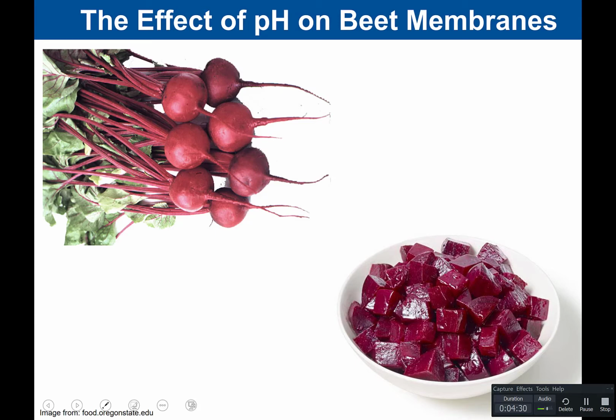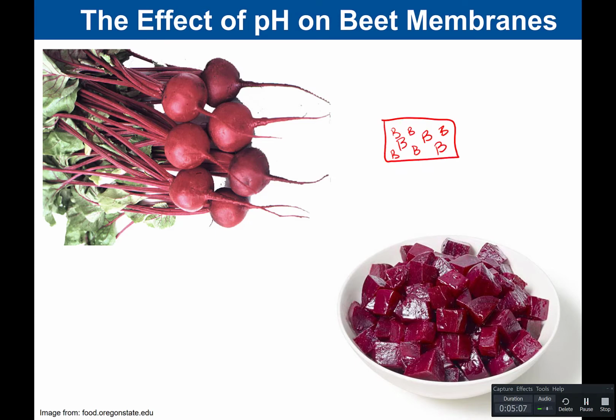And so on the right, this bottom part, this is cut up beets. But what we're looking for is normally the beta-cyanin pigment would be inside the cell. And we want to see if the cell membrane gets damaged, what is the pH that's going to prevent that from happening. So if we have our beet cell, and inside my beet cell, I have my beta-cyanin.